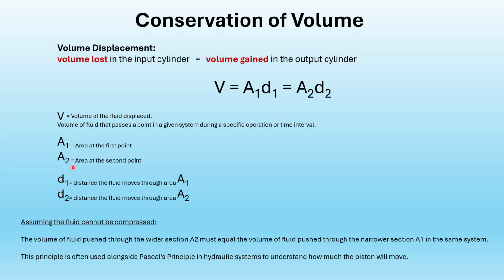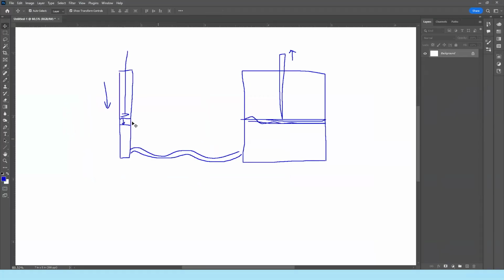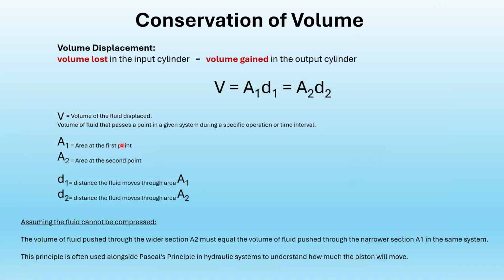Here is area 1 at the first point, area 2 at the second point, and we have the distances. Now, what else did I say here? Assuming the fluid cannot be compressed.